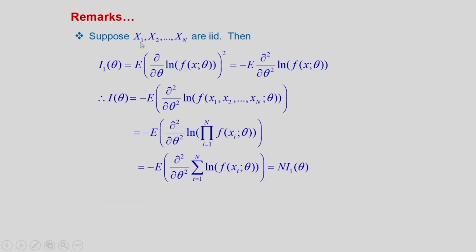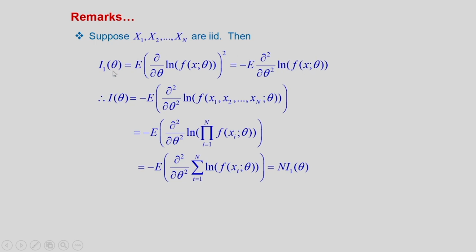Further, suppose x1, x2 up to xn are IID, independent and identically distributed. Then suppose if I consider only one random variable, I1 theta is equal to E of, by definition, the partial derivative of the log likelihood function whole square, and that is also equal to minus E of del 2 del theta square of the log likelihood function.